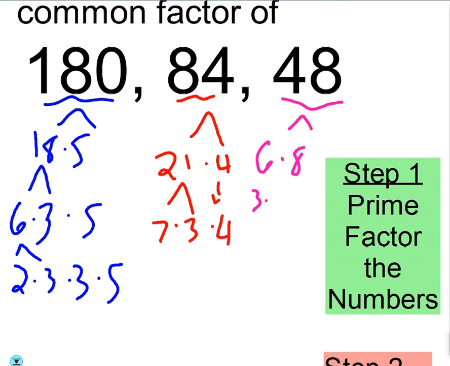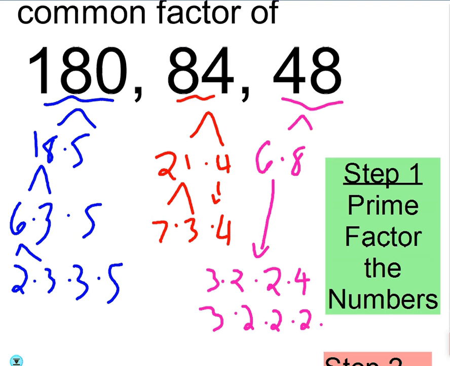I'm really running out of room here. Let's see if we can do it down here. Yeah, this will be better. It'd be 3 times 2 times 2 times 4, which is 3 times 2 times 2 times 2 times 2. The 48 has 4 2's, which would be 16 times 3, which is 48.